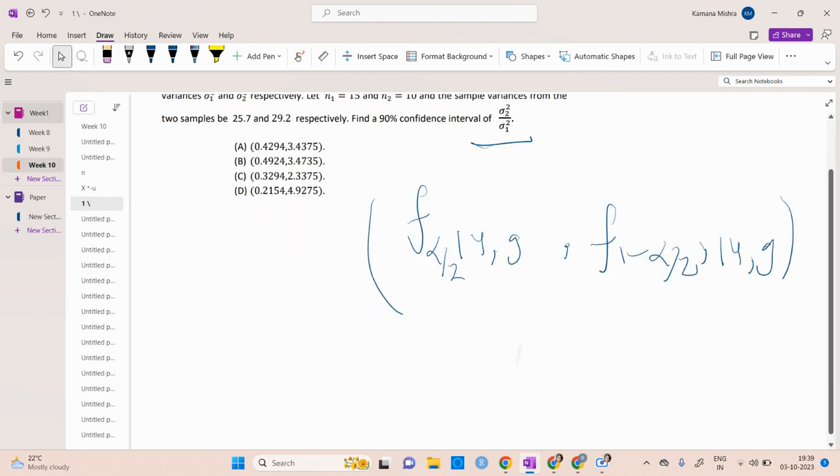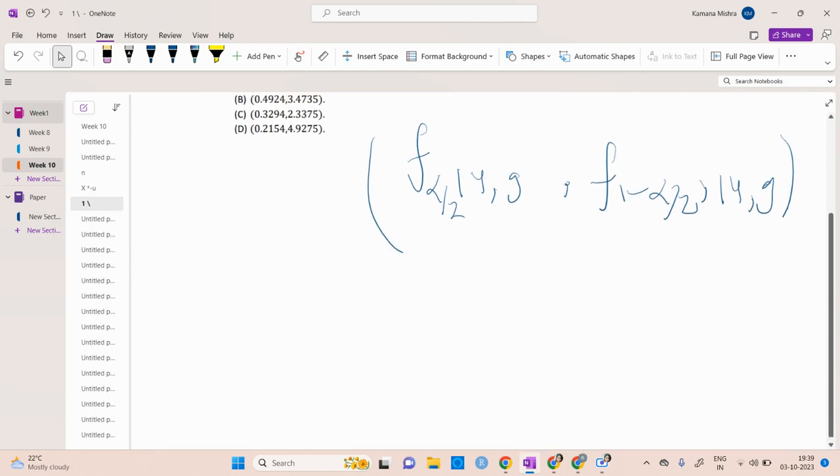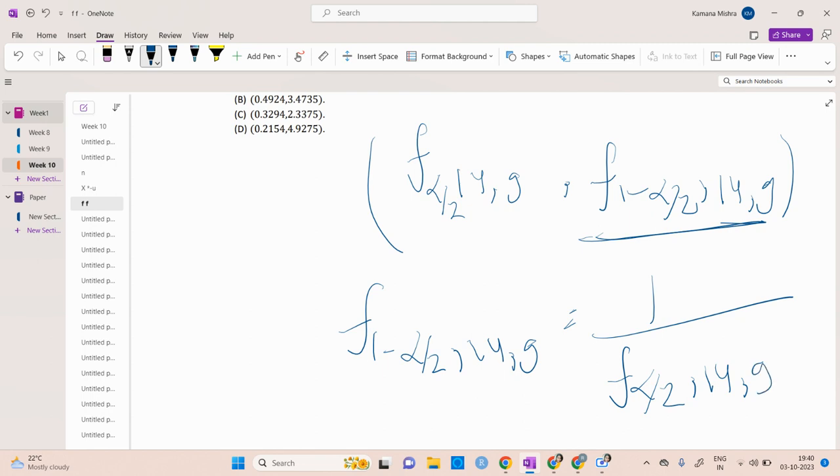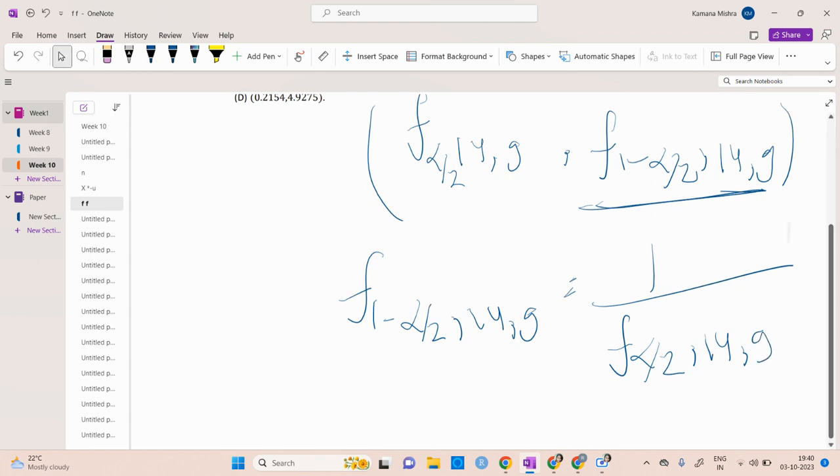Now I think I have said that also, that if you need to find this F of 1 minus alpha by 2, 14, 9, then it is nothing but 1 upon F alpha by 2, 14, 9. Okay, so if you have found this, you have found this also.